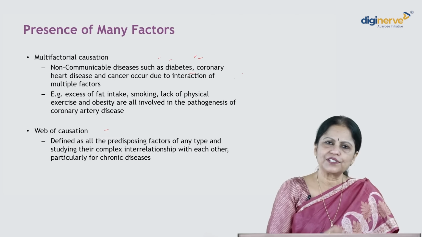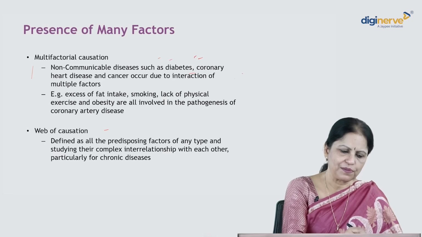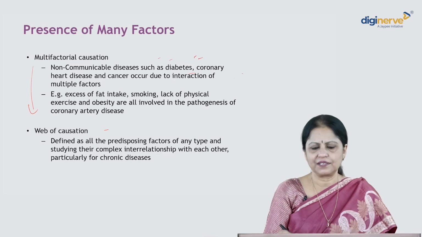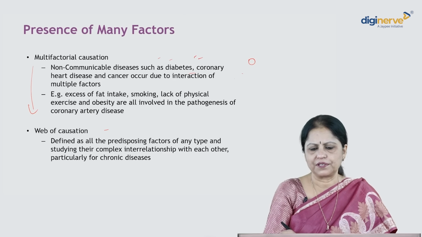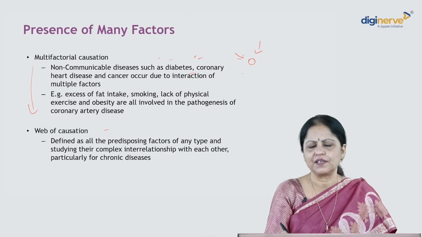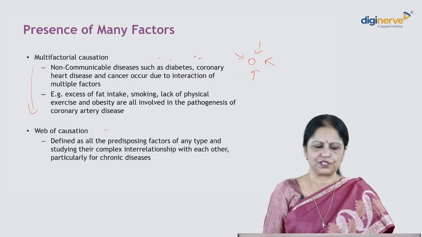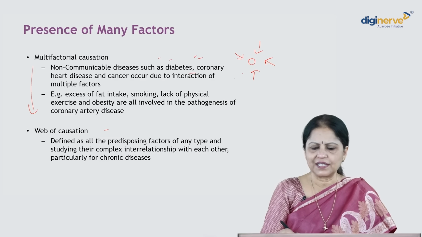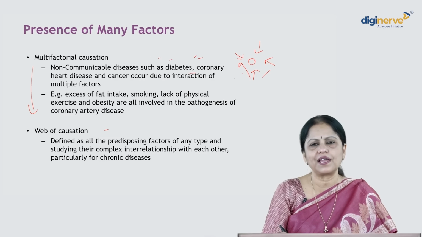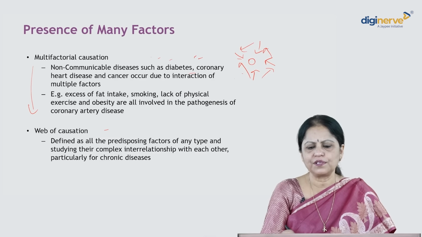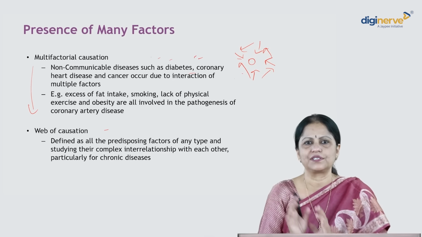Now, web of causation is a concept from this. So this is the person and these are the different factors. These factors influence disease causation, that is multifactorial causation. While web of causation says that these factors also interact amongst themselves and form a big web, and that is how the disease is caused.